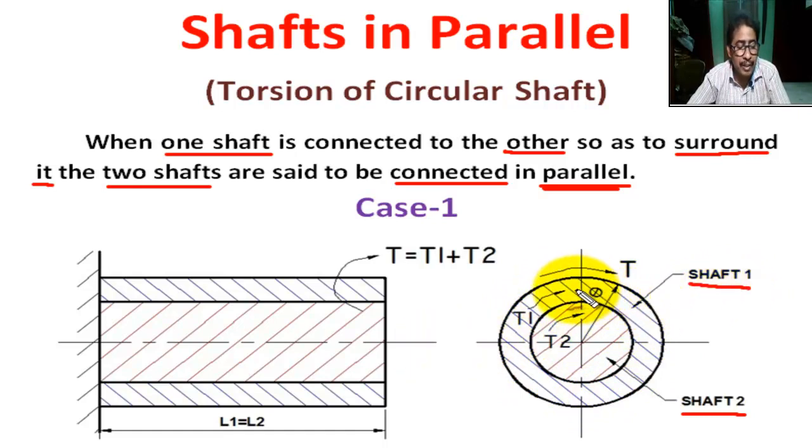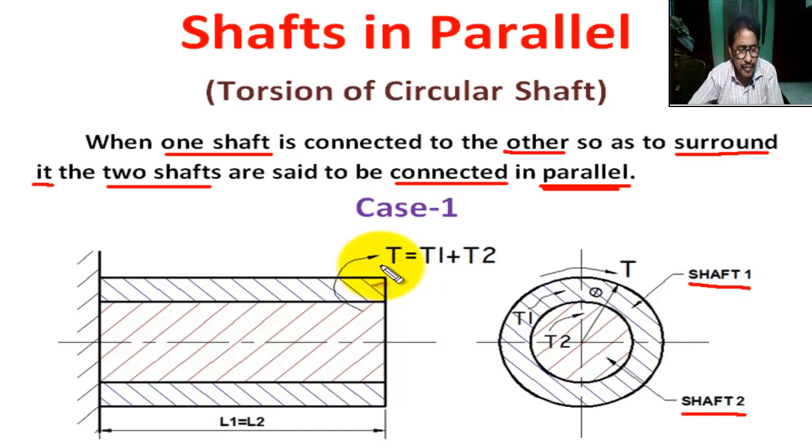Hollow shaft 1 covers the solid shaft 2 just like a tube. The length of the hollow shaft and the length of the solid shaft are the same, that means L1 equal to L2.